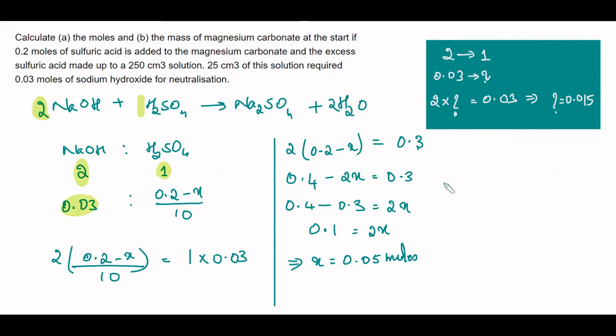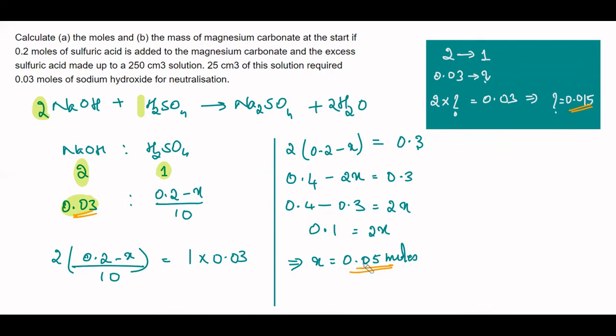So 0.03 NaOH will be requiring only 0.015 sulfuric acid. So what we have got here is not what is there in 25 ml, it is what is there in 250 ml solution.